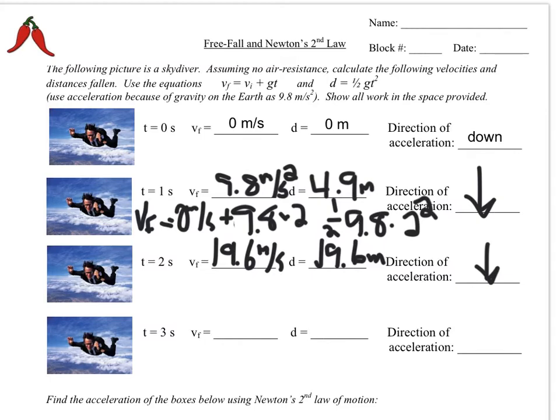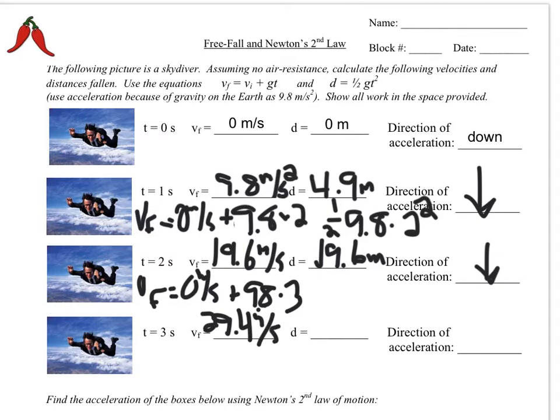Looking at the third problem, if we do it again, Vf is what we're solving for. Initial velocity is still 0, plus acceleration due to gravity, 9.8, multiplied by the 3 seconds that it's been falling. And we will see that the velocity is 29.4 meters per second.